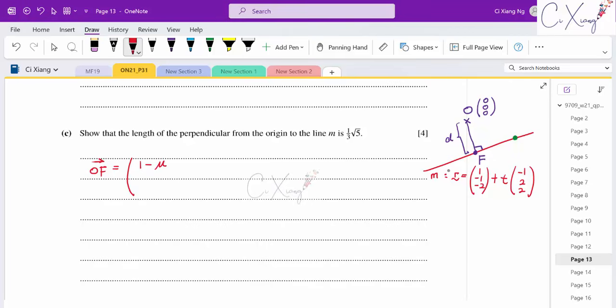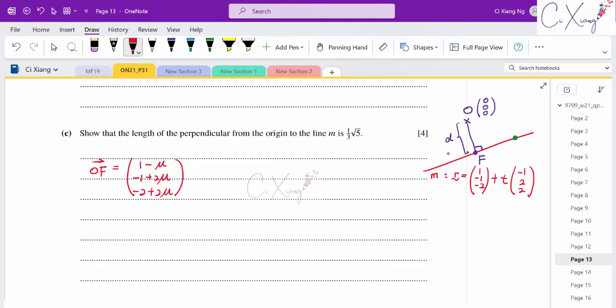Instead of using t, I will use mu, where mu is the particular value that when you substitute into the vector equation here, you will get the position vector of F. Then the y component will be -1 plus 2 mu, and also -2 plus 2 mu as well. So this is my position vector for OF, for F.